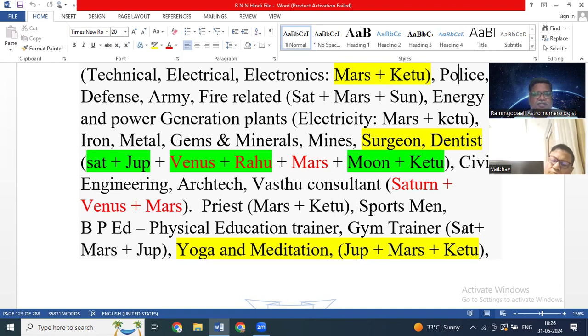So sports, physical education, gym training, and yoga meditation also are the same. Jupiter is the coach, and Mars is actually asanas, and Ketu is Vedic asanas. Meditation, yoga, yogic asanas. Ketu is yoga, Mars is asanas, yoga asanas.